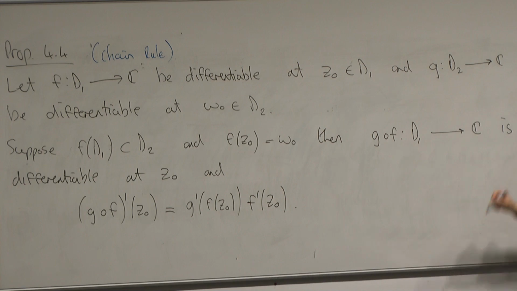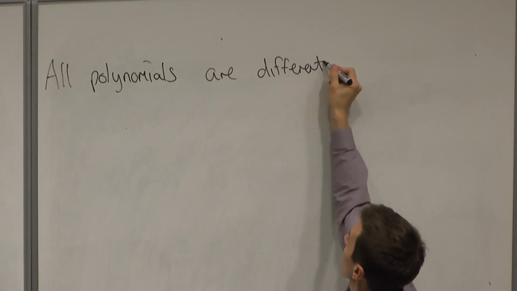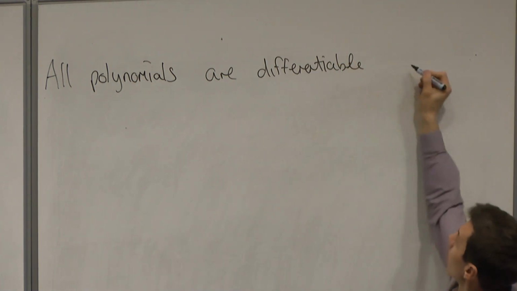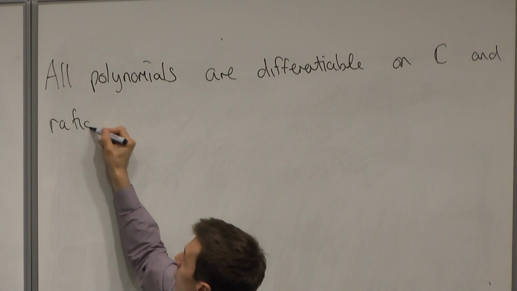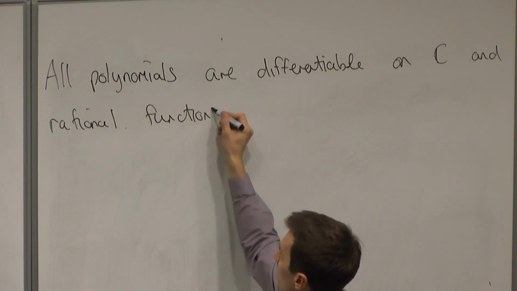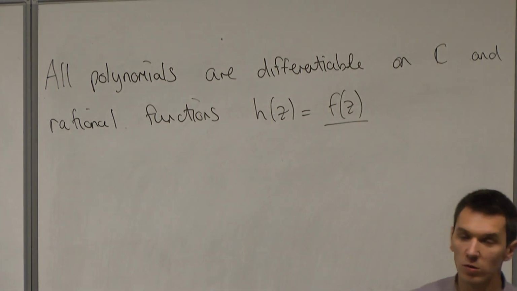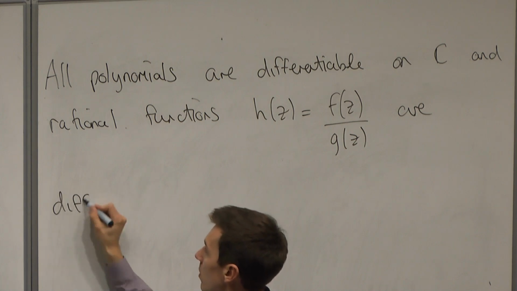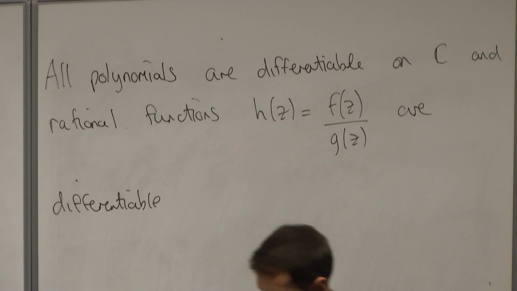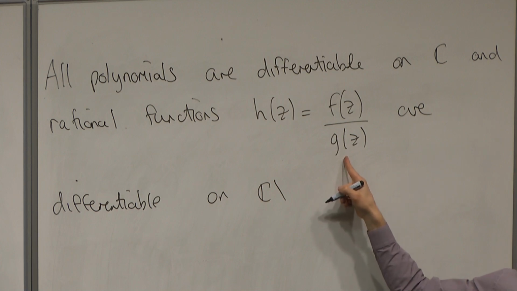Right, so the final remark: all polynomials are differentiable on C, and rational functions, which we denote by H. So remember, a rational function is a quotient of polynomials, so f over g, are differentiable on C, but we must be careful that we exclude any points where g is 0.